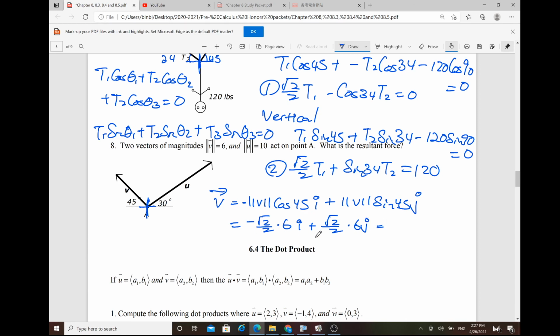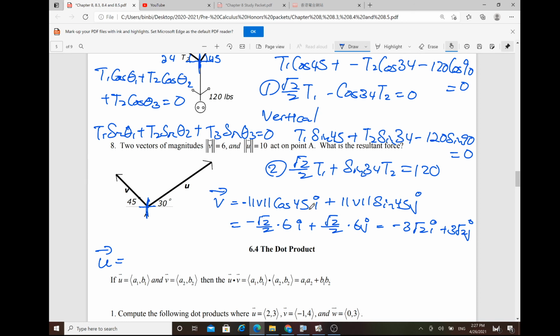Simplifying a little bit more, we do have negative 3 root 2 i plus 3 root 2 j. And then what about for the vector u? Similarly, put it into the standard form.